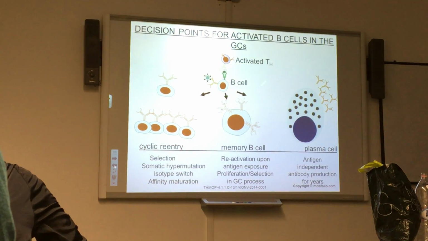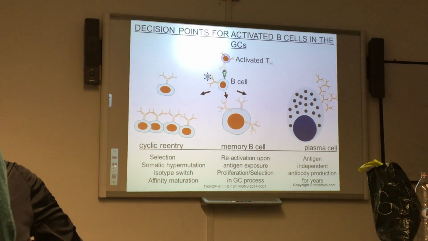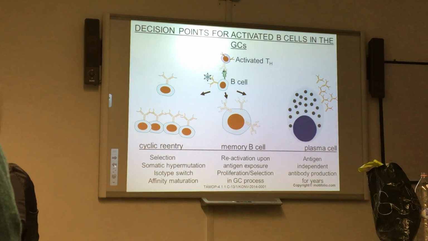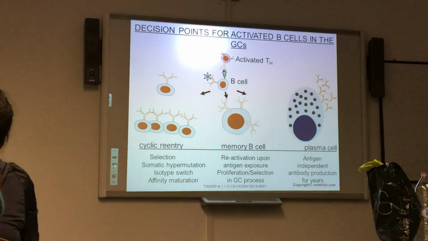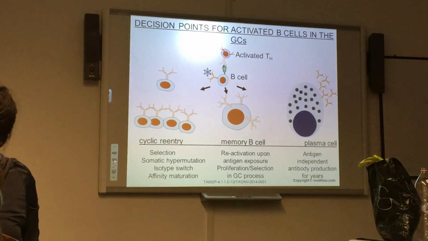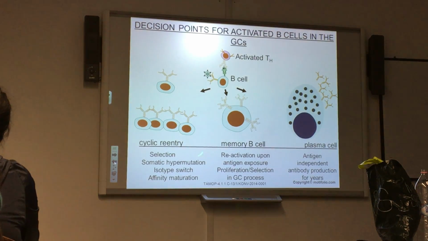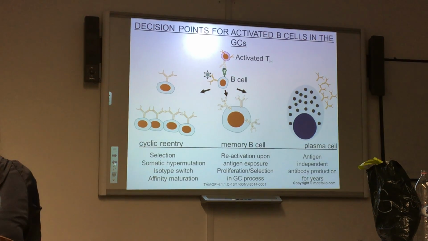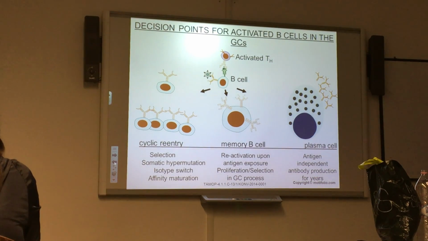And the B cells which have lower affinity to the same antigen will go back to the cycle and go through the maturation again, so the affinity maturation.